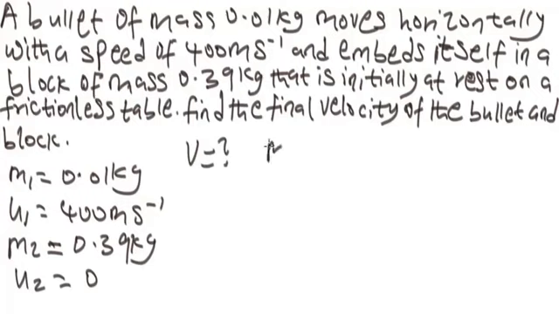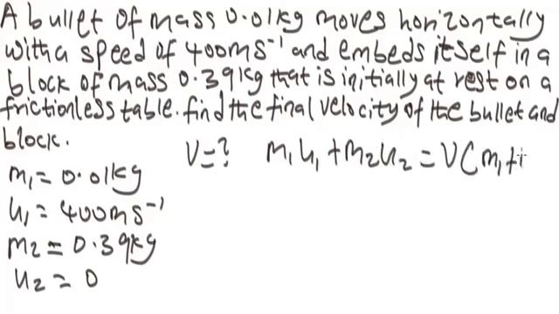So we're going to apply m1 u1 plus m2 u2 equals v in bracket m1 plus m2. We are looking for the final velocity v. Remember this u is your initial velocity. We have two initial velocities for this question and two masses.